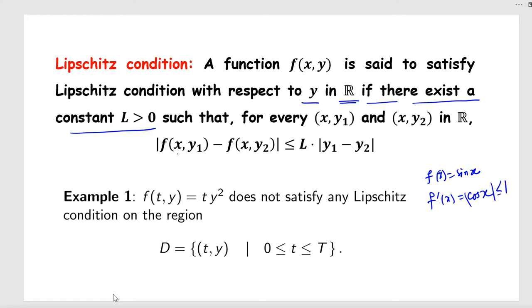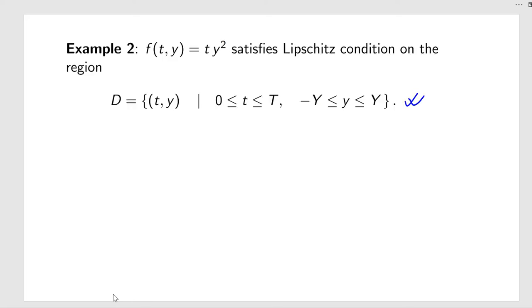So here L will be 1. If you think of two different points, and then take another two points, then this. In fact, Lipschitz functions are those functions whose first order derivative is bounded. Okay. These are two examples. This function will not satisfy on this interval. But if we change the interval, or if we can extend the interval, then it may satisfy the Lipschitz condition.